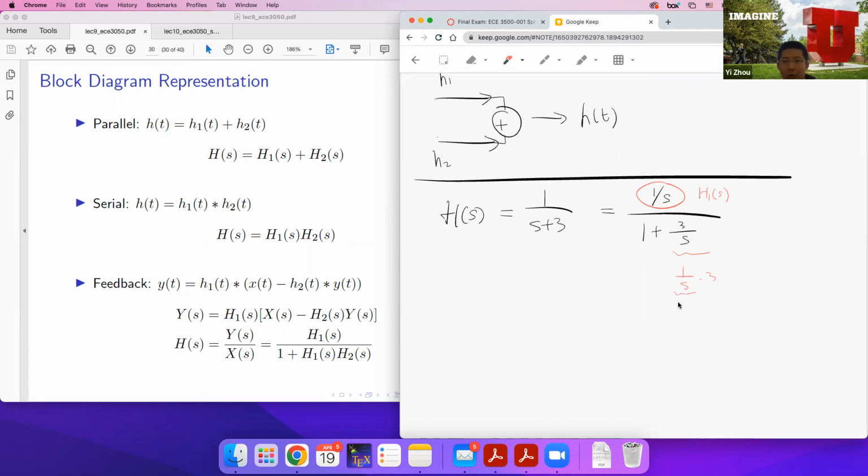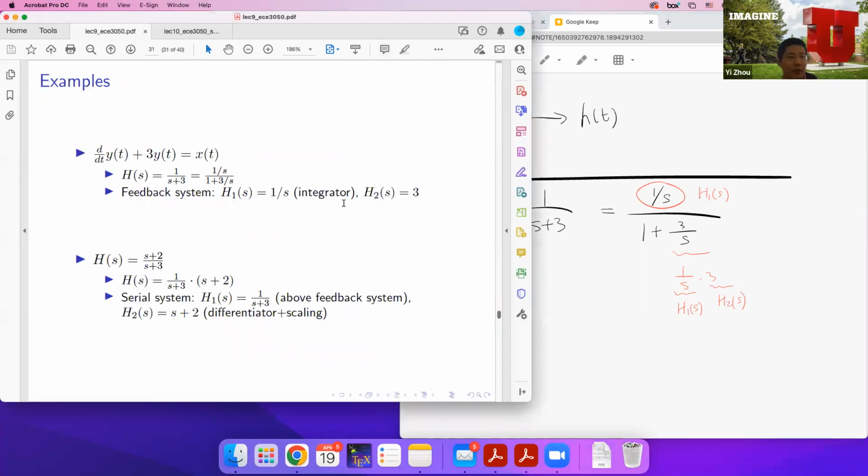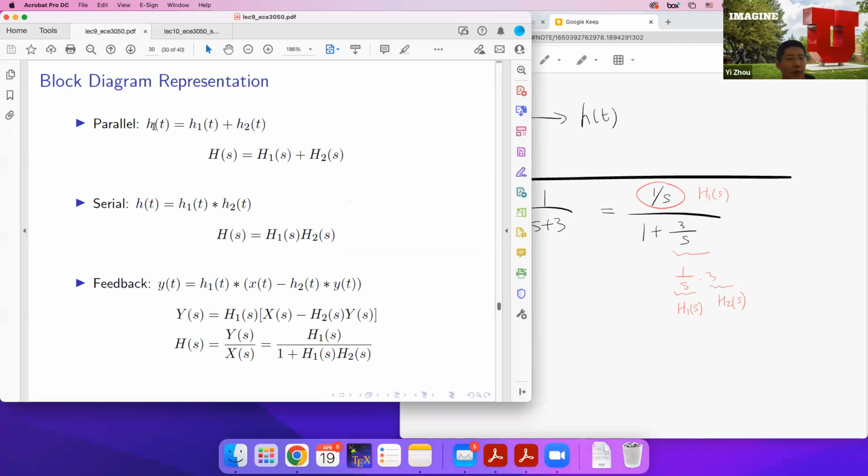So this is our H1(S) defined here, and this 3 is H2(S). Therefore, you can understand this system as a feedback system using this template. This is a kind of template of a feedback system.